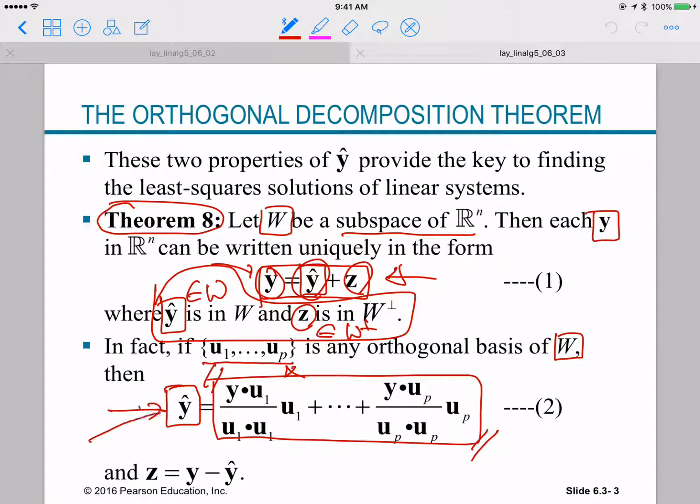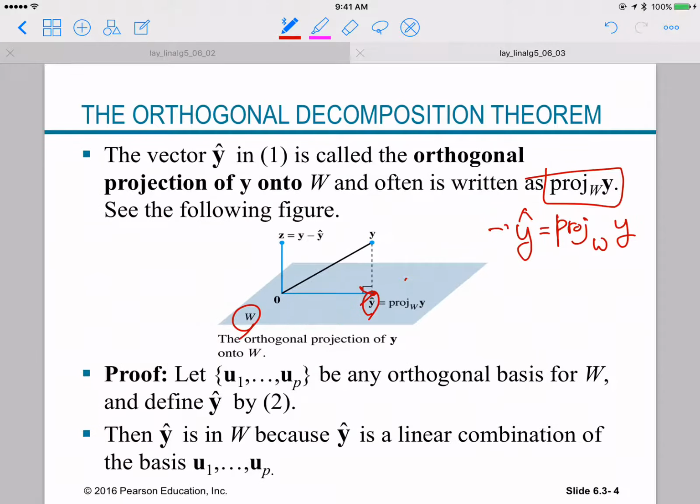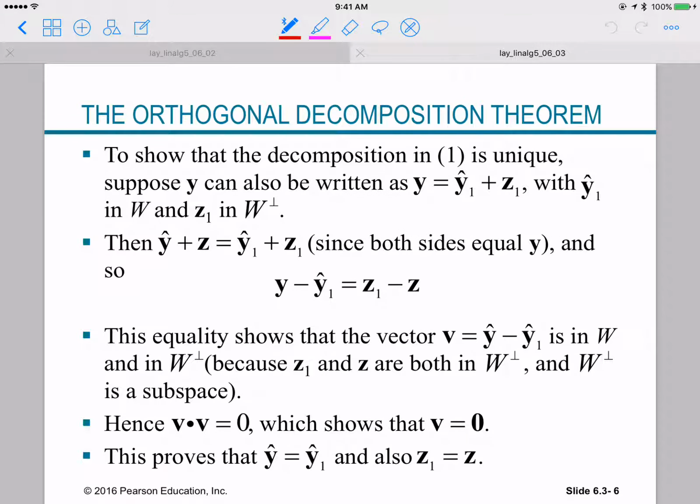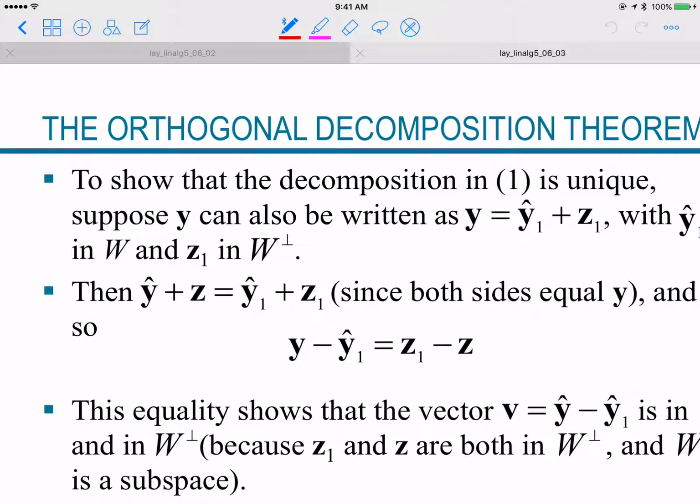So first, let's try to prove that y hat should be written as this one. These are almost what we learned last time.